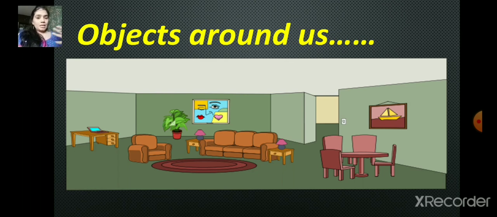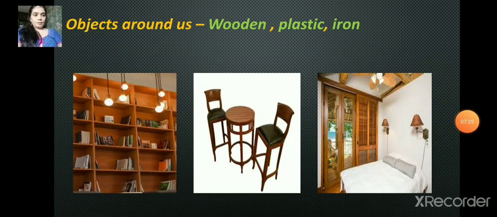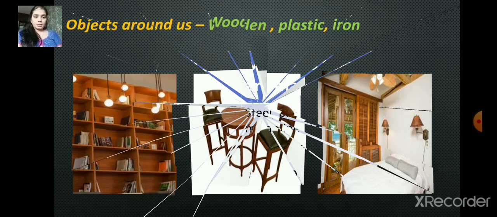So we have many more objects that we can see around us. The objects like this also we can see, which are made of wood, plastic and iron. So wooden objects, plastic objects, iron objects we can see around us.